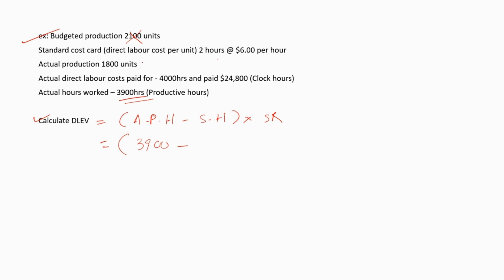Standard hours is equal to actual production units multiplied by the direct labor hours per unit value, which is equal to 1,800 multiplied by 2, multiplied by standard rate, which is $6 per hour. This is equal to positive $1,800. This means this is a favorable value.